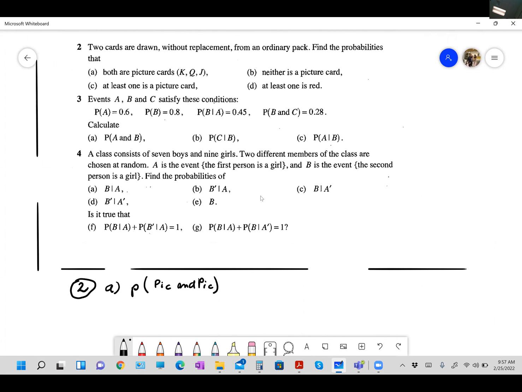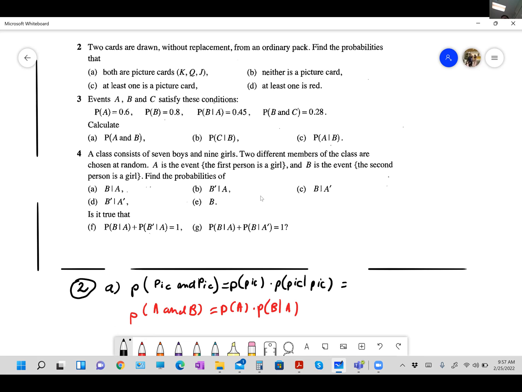Here's the rule: probability of A and B must equal the probability of A times the probability of B given A has happened. So this is going to be probability of pick times the probability of pick given pick has happened.